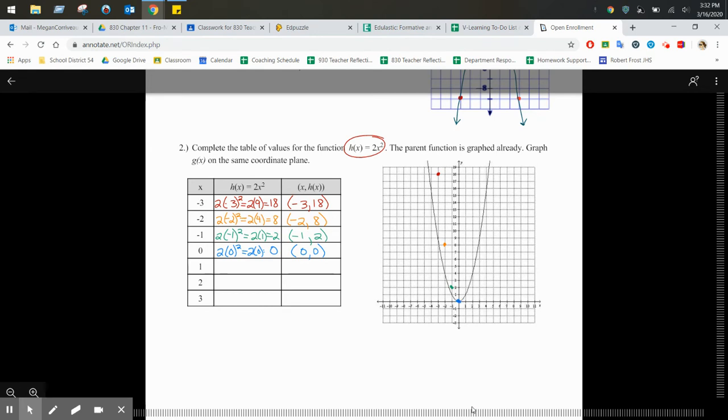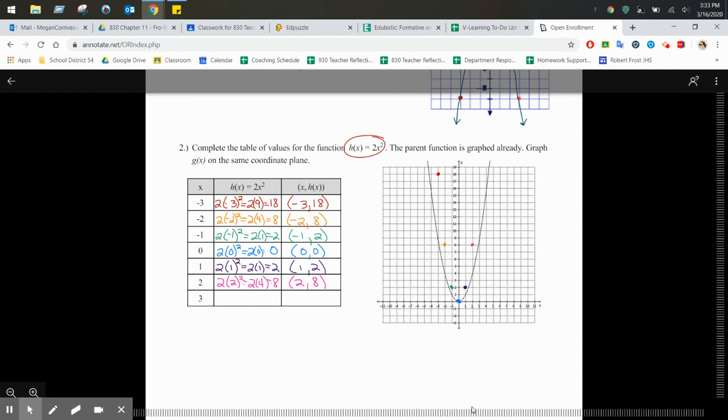It is staying put when I'm multiplying. So now I'm going to come back the other way. I've got 2 times 1 squared. 2 times 1 is 2. So I've got a point at 1 comma 2. All right. And I've got 2 times 2 squared, which would be 2 times 4, which is 8. So I've got a point at 2 comma 8.